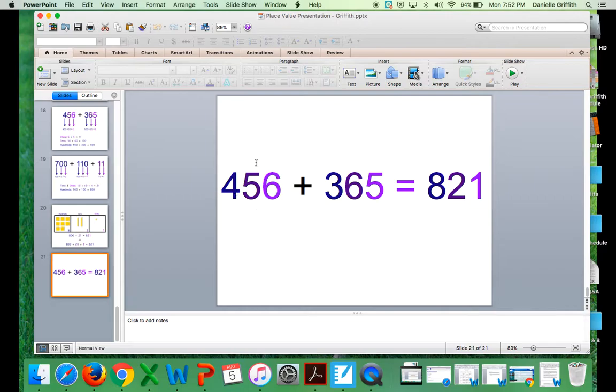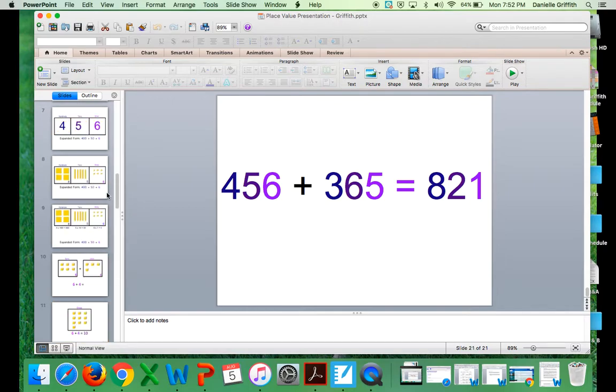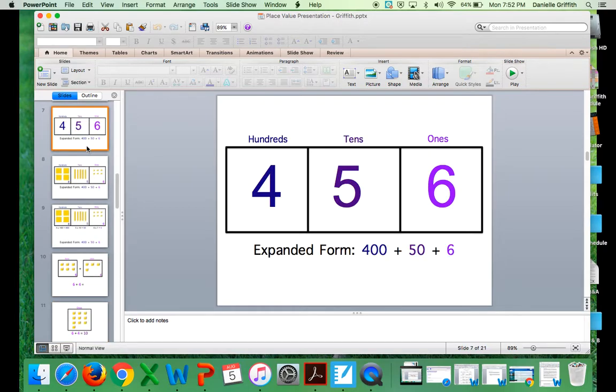So if we go back to our original number, and I'm just going to slide us up here, we have 456. Again, the ones place, the tens place, and the hundreds place.